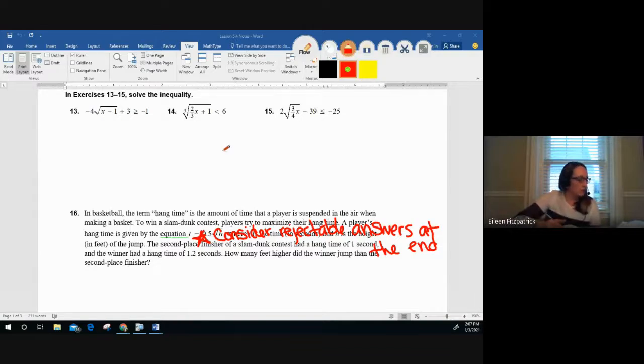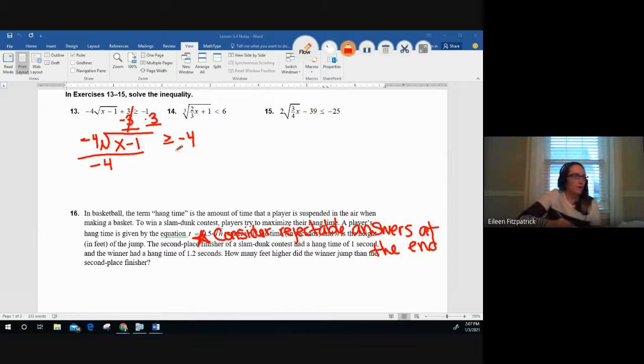For 13, we're first going to get started the same way. Isolate the radical as much as possible. Keep in mind you are working with an inequality, so if you multiply or divide by a negative, flip that inequality symbol. Subtracting 3 from both sides leaves me with a -4. Then I'm going to divide both sides by -4. And remember, when you divide by a negative, don't forget to flip that inequality symbol.